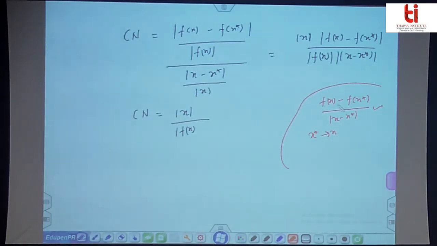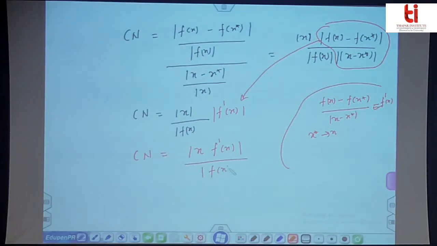So whenever x* is approaching x, it is equivalent to the derivative of the function at x. So we can write it f'(x). So the condition number we can write as mod of x f'(x) upon mod of f(x). Okay, so this is the definition of the condition number.